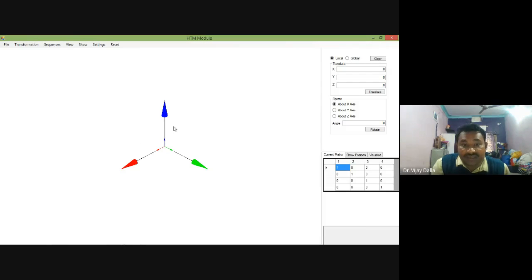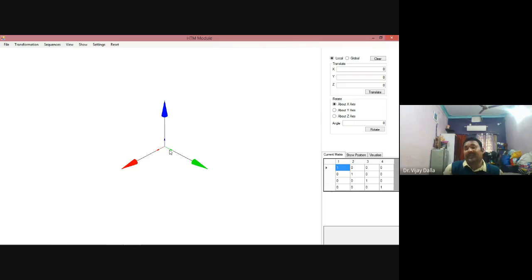Suppose we put a coordinate system at the origin of the robot, meaning the base of the robot, and with respect to that we measure the position and orientation of the last link. With respect to the absolute frame at the base of the robot, that will be the local one.